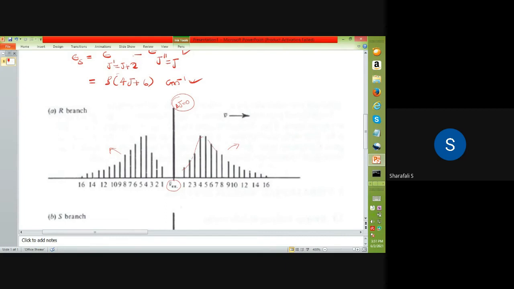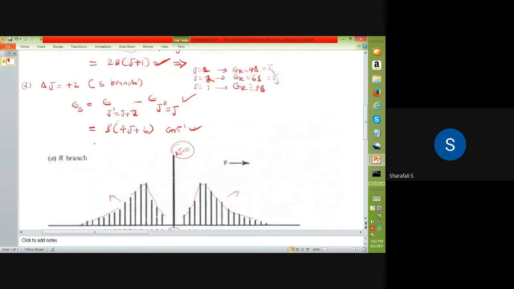Basically it looks like this, but if you can resolve all the spectral components, then it will be those lines. So this is the case with the R branch alone. We are not talking about the P branch here. We are talking only about the R branch, because we are considering only the positive cases. So in this R branch itself, you have one excitation frequency that you applied, and then we have additional frequencies also.